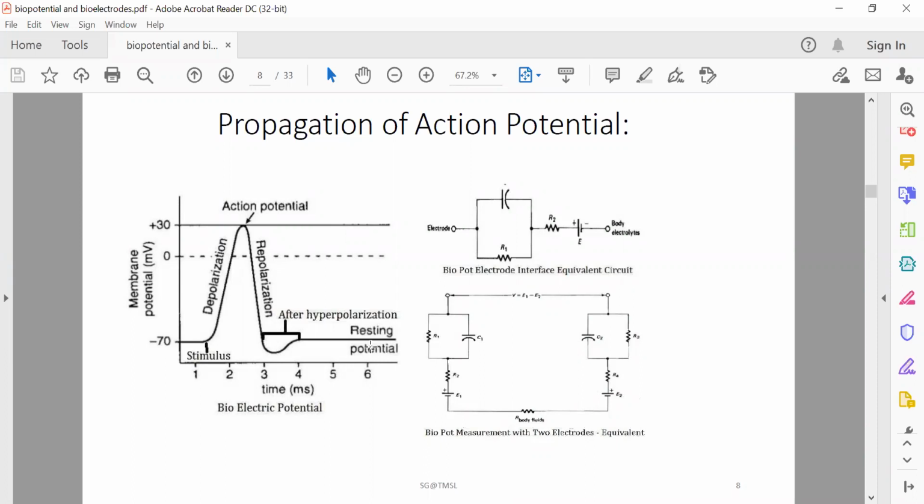The active state of the membrane remains only for a short duration, and after depolarization the membrane repolarizes completely. This is the way the action potential propagates along the length of the fiber.